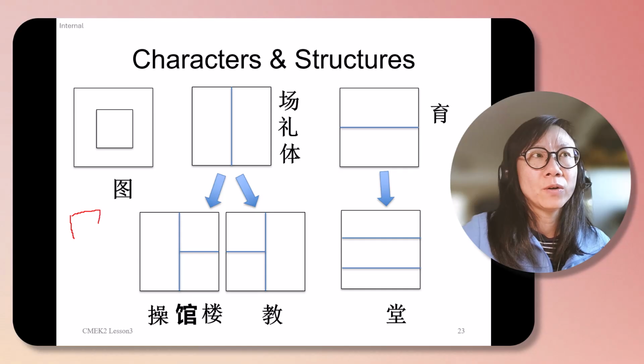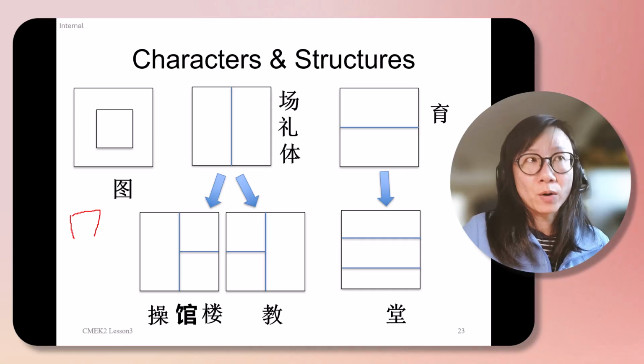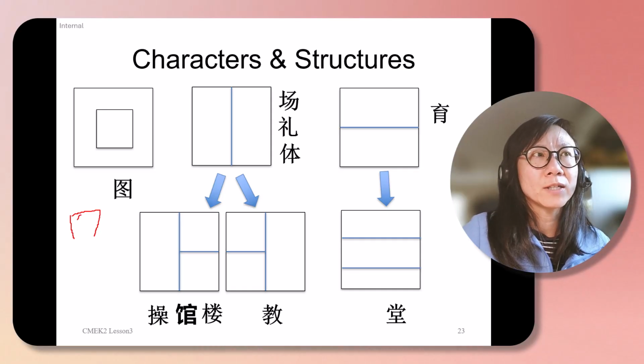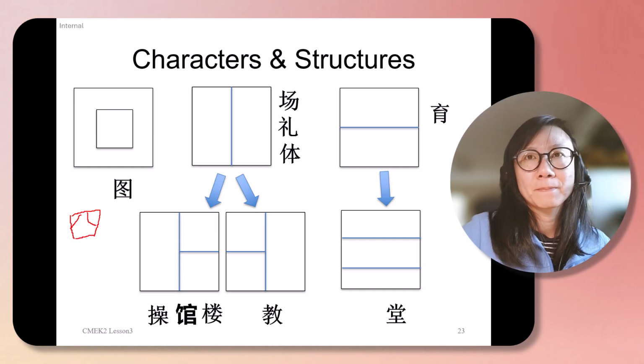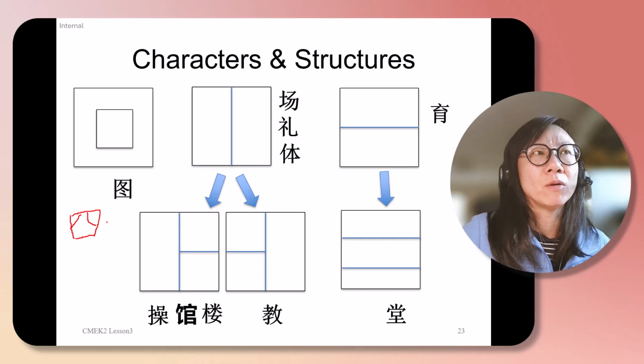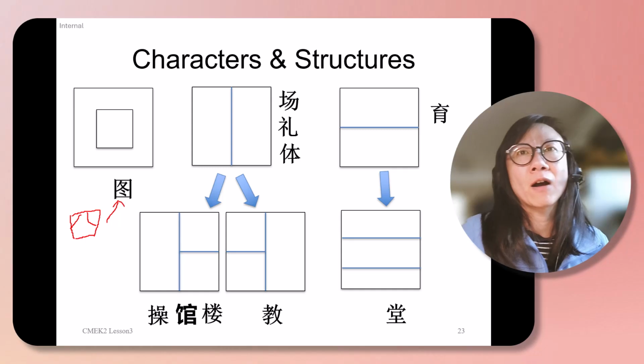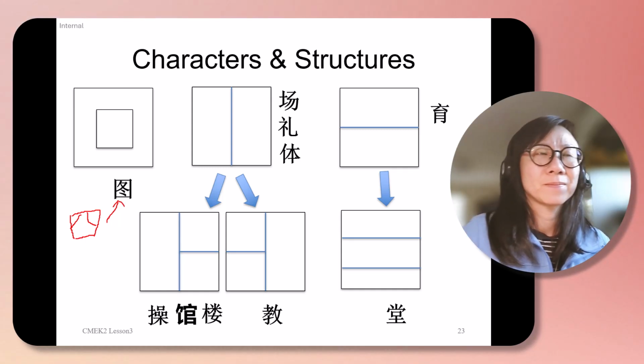So we go for half of the box, okay? And then putting the contents. And then we close the box. All right? So if we can apply the same rule to the new character, even if they are totally different.